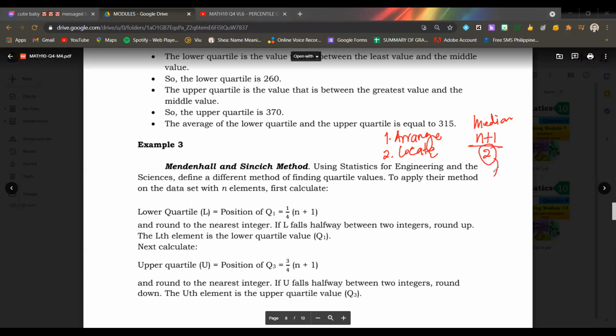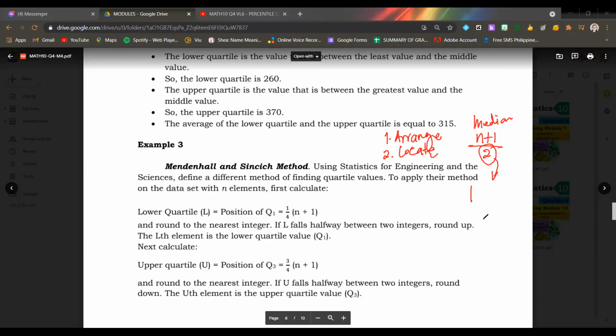Kasi kaya tayo nag-divide sa 2 because we are getting the half, because it's median. You are identifying the center. Or kaya naman, should I say, it's the middle. Right? So if you want to identify what is the middle, you have to get the half. Okay? And since we are identifying the quartile, hindi tayo magde-divide sa 2. But instead, magde-divide po tayo sa 4.